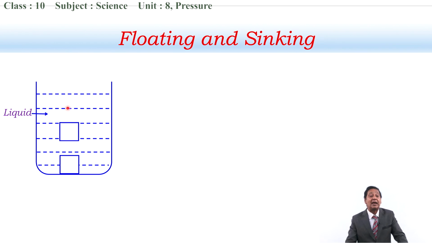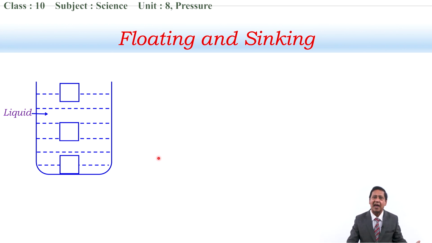Suspension means it is lying somewhere inside the liquid, not landing at the bottom and not on the surface, maybe near the surface or maybe near the bottom, but it is suspended. This is the second condition. Or it may float in the liquid also. Look at this. These 3 are the conditions for the body. When a solid body is placed in liquid, either it sinks, or it floats, or it remains as suspension.